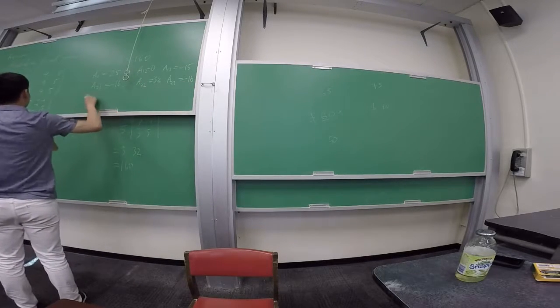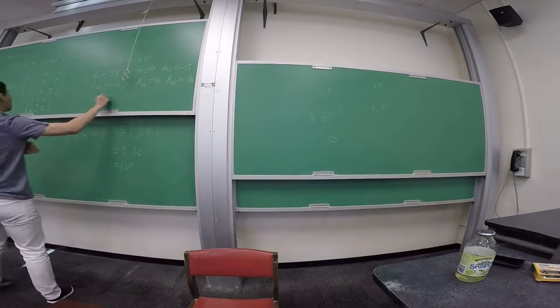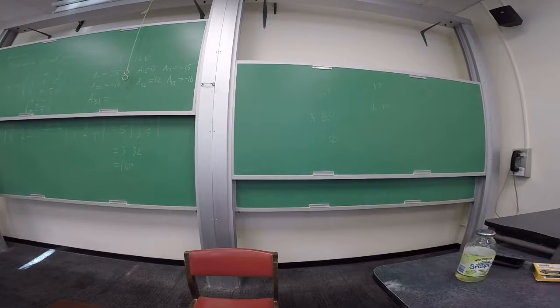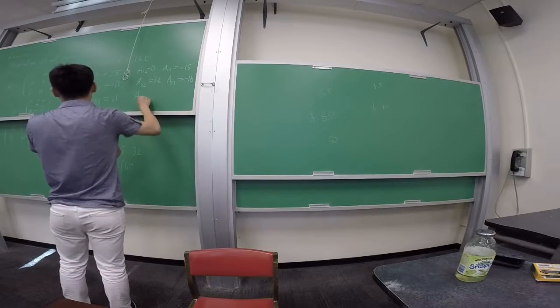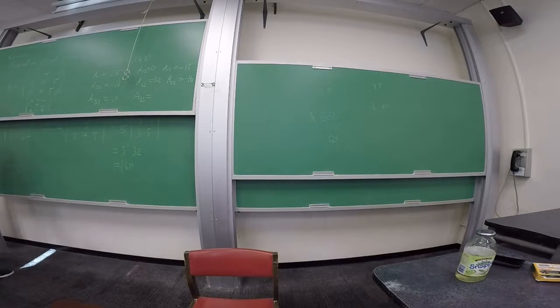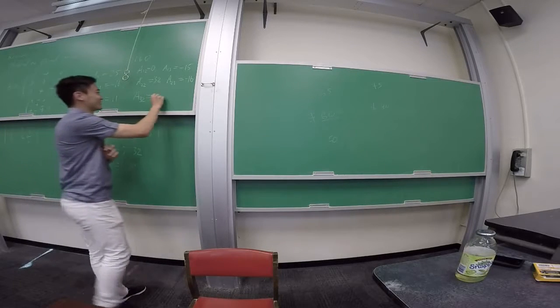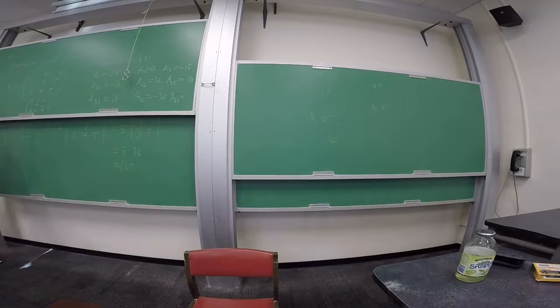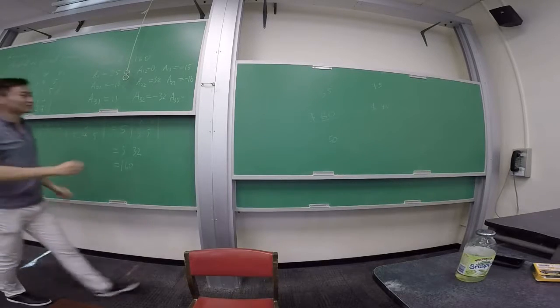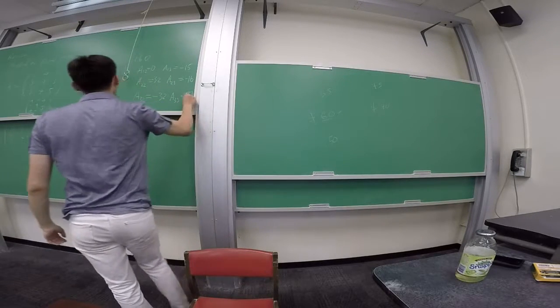Okay, so A31 is equal to 11. Good. A32 is equal to negative 32. Okay. The last one: 51. Yeah, exactly. 51. Okay.